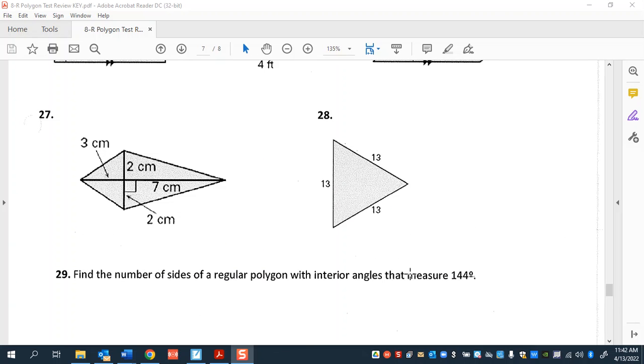Okay, it's an equilateral triangle. So I drew that, right? That gives me a 30, 60, 90 triangle. So this base here is half of 13, and this height here is 13 halves root 3. So it's 1/2 of the base times the height.